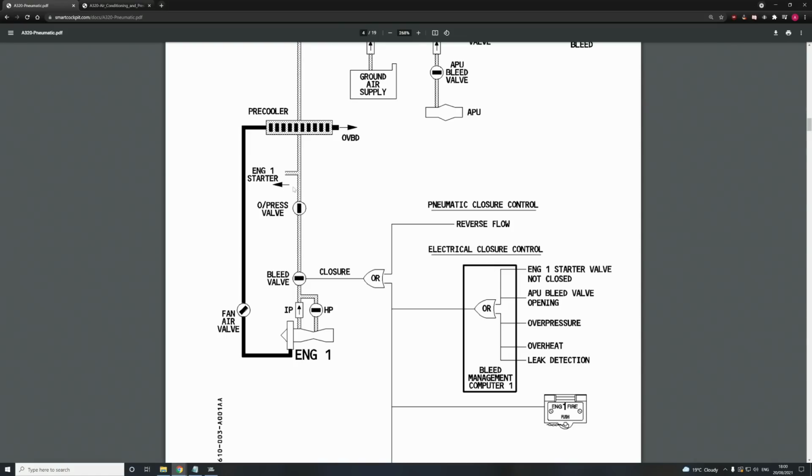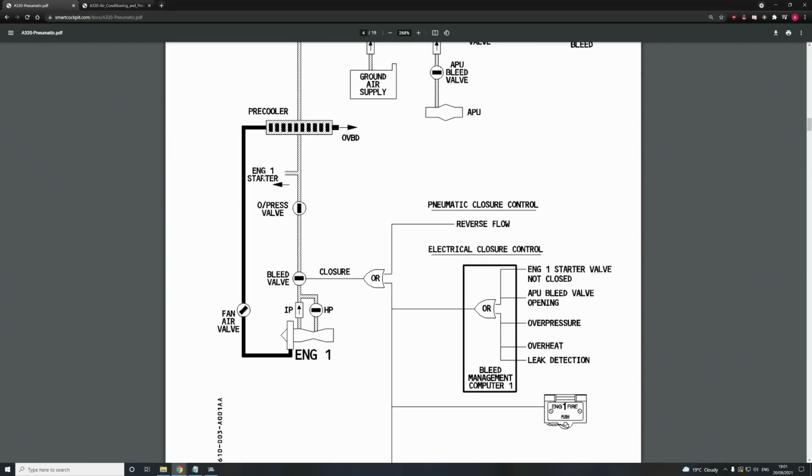Now, the first one bleeds air from the intermediate pressure stage of the compressor, and the second bleeds air from the high pressure stage of the compressor. Now, the airplane prefers and defaults to feeding from the intermediate pressure stage. However, there are certain cases, like right now, where the engines are at idle, and the intermediate pressure stage is insufficient.